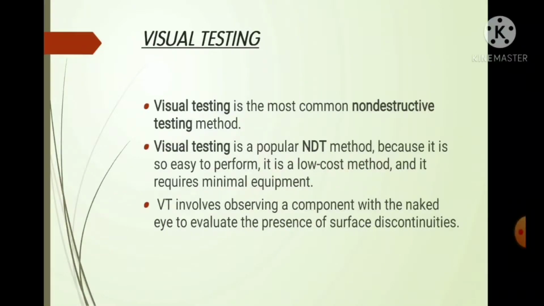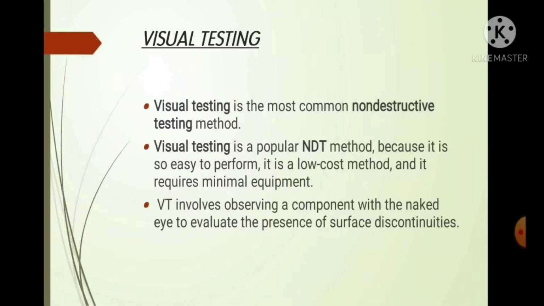Visual testing. For thousands of years, craftsmen have used their eyes to determine the quality of the products they made. In a sense, this is still the case with visual inspection. This method involves the visual observation of the surface of an object to evaluate the presence of surface discontinuities such as corrosion, misalignment of parts, physical damage and cracks.